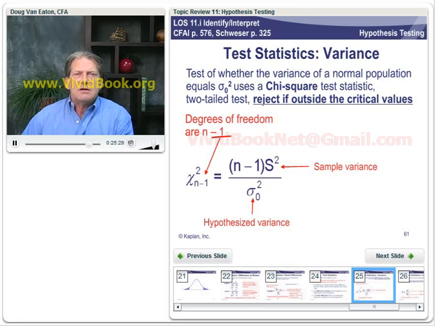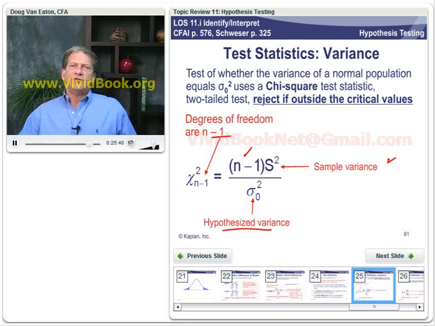And here's our hypothesized value, and here's our sample variance times n minus 1. And we're going to reject, again, since this is a two-tailed test, a test of whether the variance equals a point value, if we're outside this range of critical values.